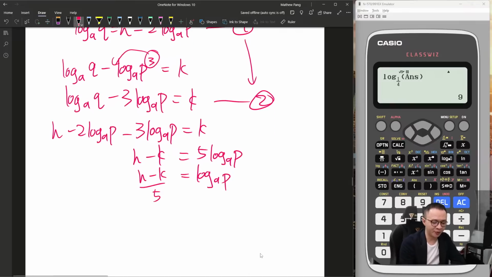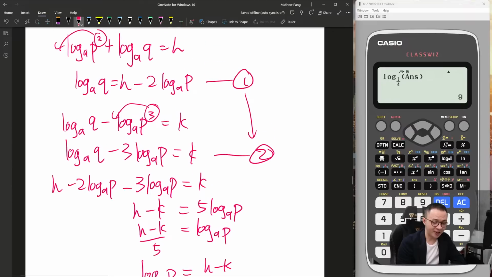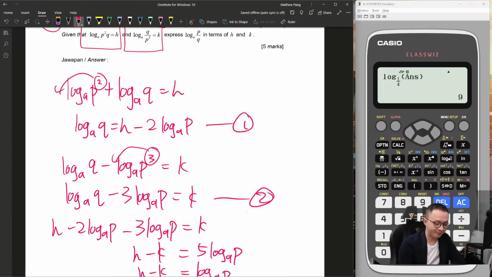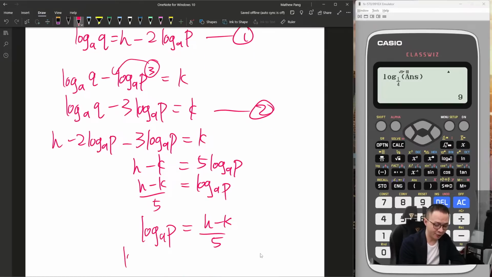I just move my log AP to the left hand side: log AP equals H minus K over 5. It's the same thing, I just rewrite it. Then I will sub back into the first equation to get my log AQ. So log AQ equals H minus 2 log AP, which is H minus 2 times H minus K over 5.